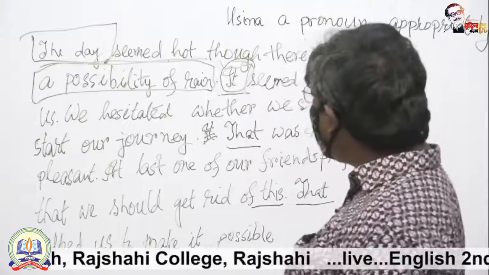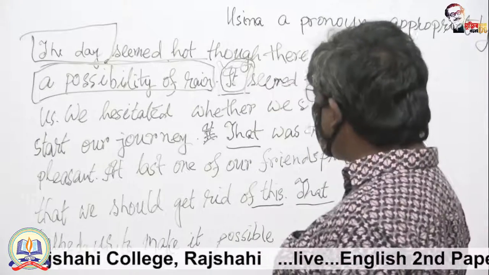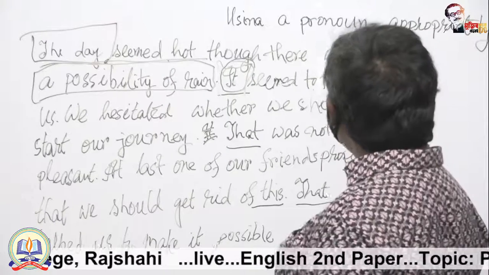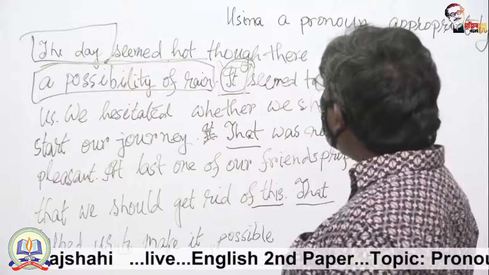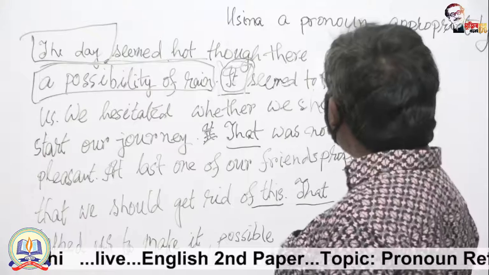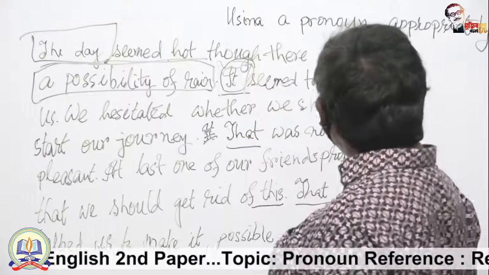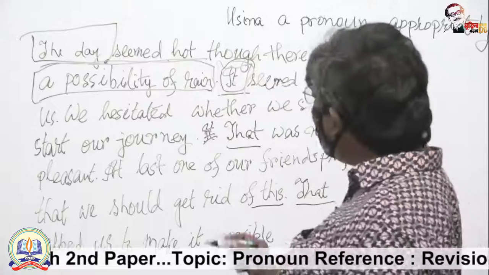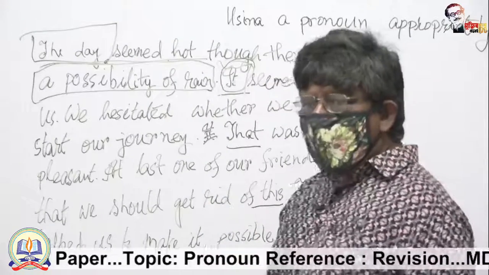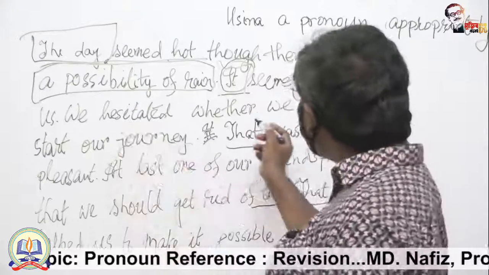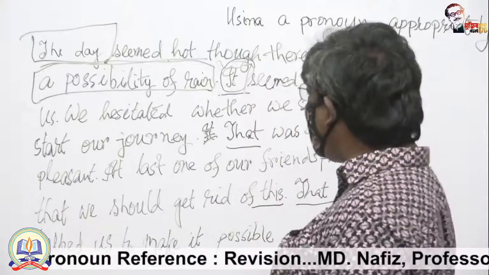If you read the previous sentence carefully, the day seemed hot, though there was a possibility of rain, it seemed to trouble us. If you read the next sentence, we hesitated whether we should start our journey.